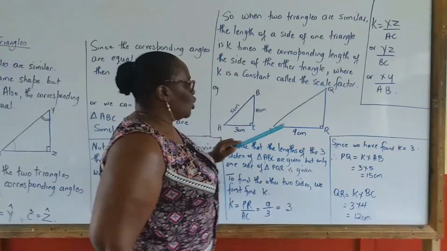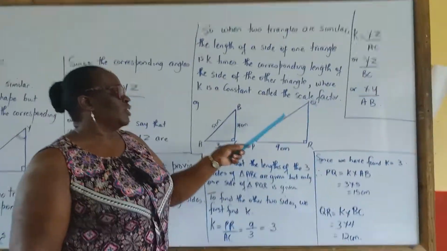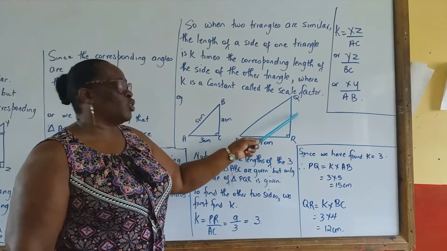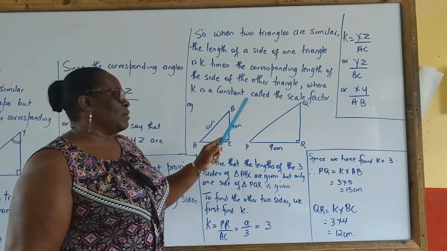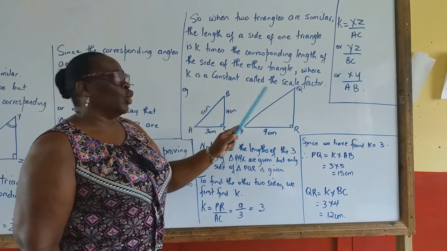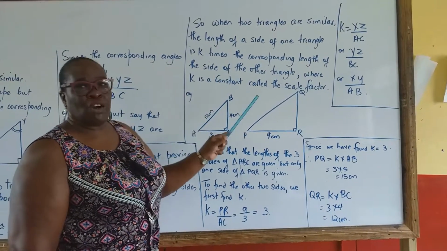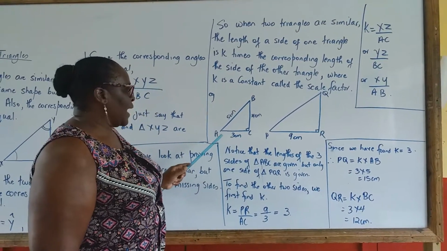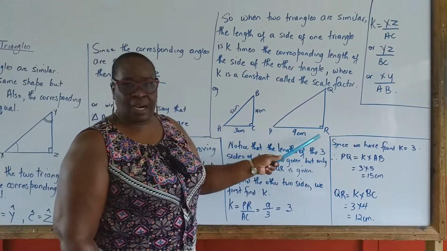Notice that we have no measurement for QR and none for PQ. We must find these. The only pair of sides we have is AC and PR.